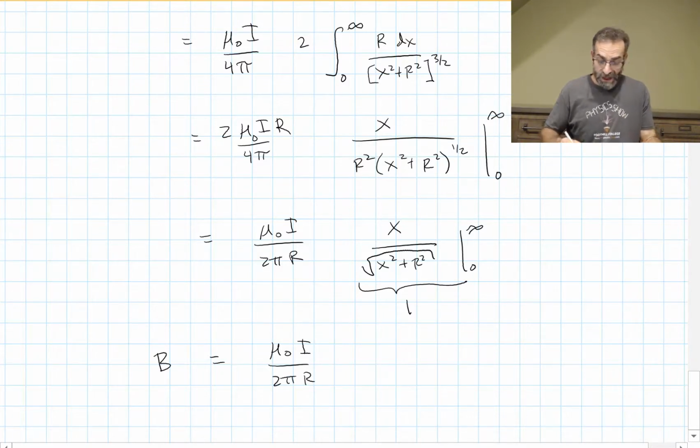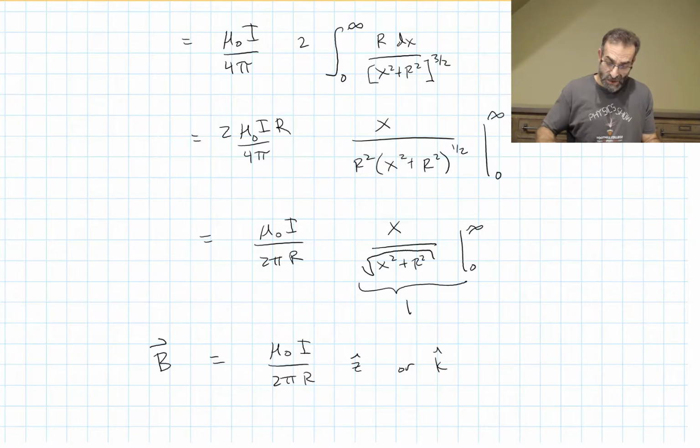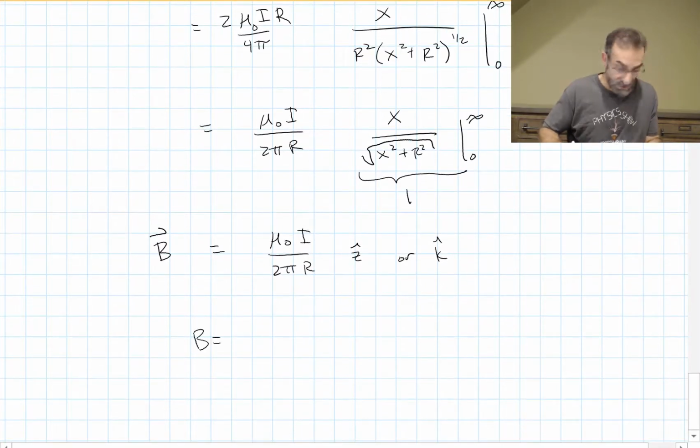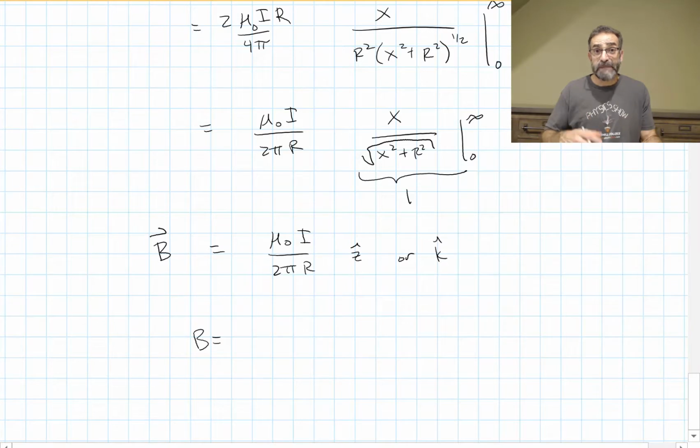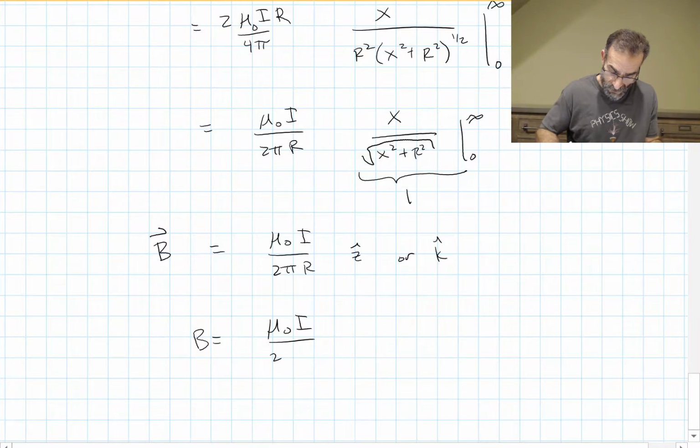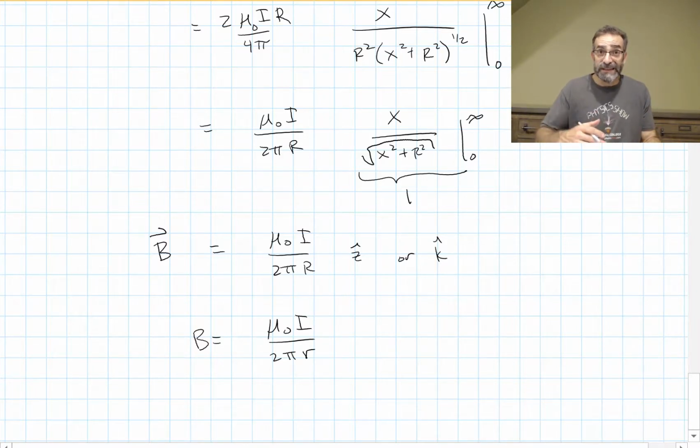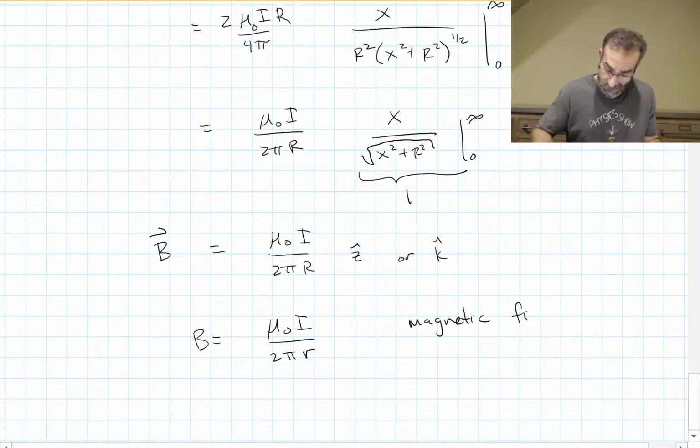So I get the magnetic field is equal to mu naught I over 2 pi R. This is a vector quantity, so I could have a z hat, because in this case it came out of the page, remember, in the z direction. So in general, I'll take off the vector sign from my magnetic field because this is the magnitude of the magnetic field, and I'll use a lowercase r because it could be any distance away from the wire.